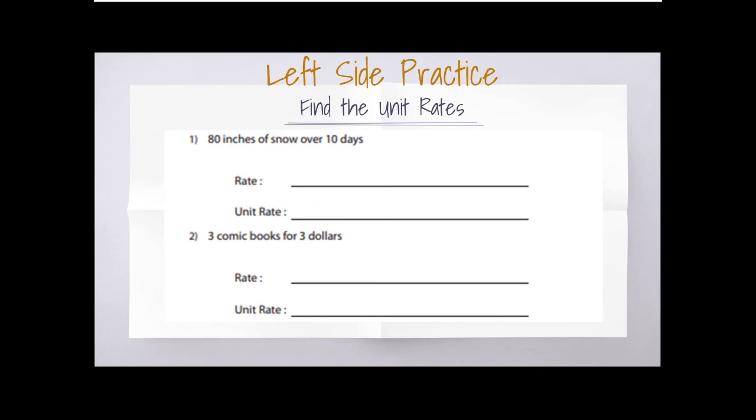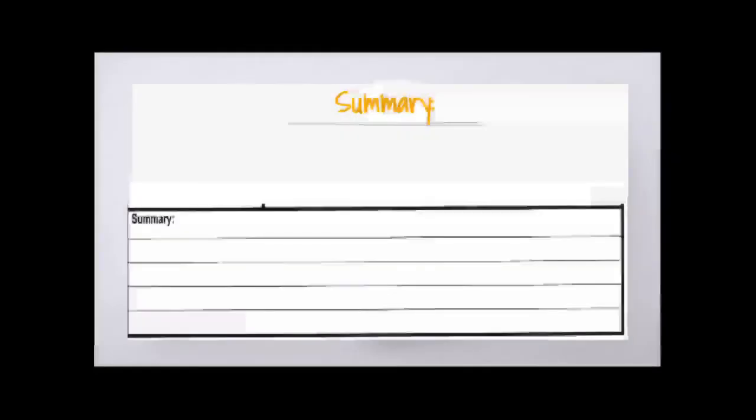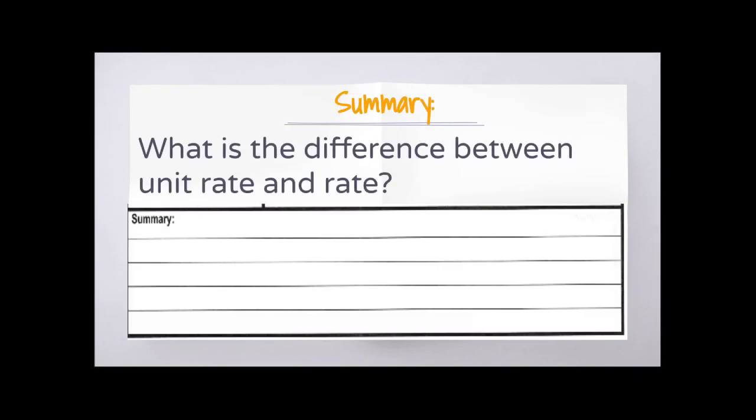And then I would like you guys to just take a minute and please go ahead and summarize what is the difference between unit rate and rate. We just solved for unit rate and rate, so you should visibly be able to see that. Make sure you answer it completely, and then you're going to take a picture of both your practice 2 problems and your note sheet and turn that in on Google Classroom, along with doing those 6 problems on the worksheet.